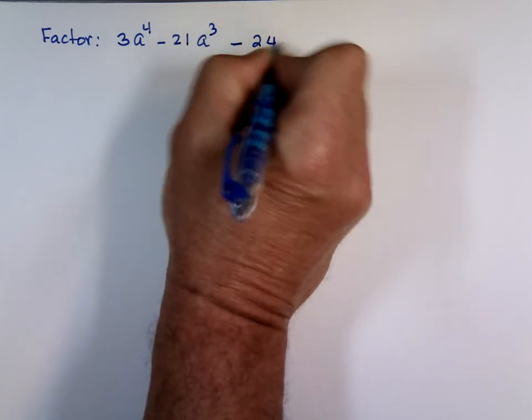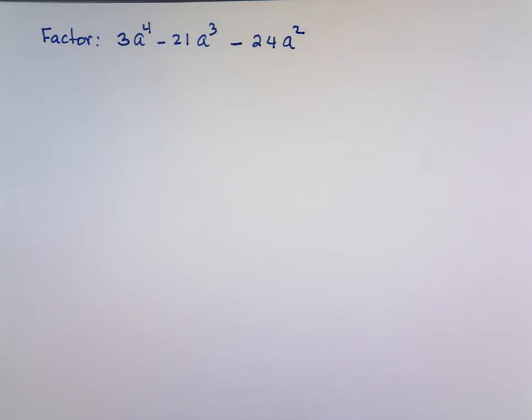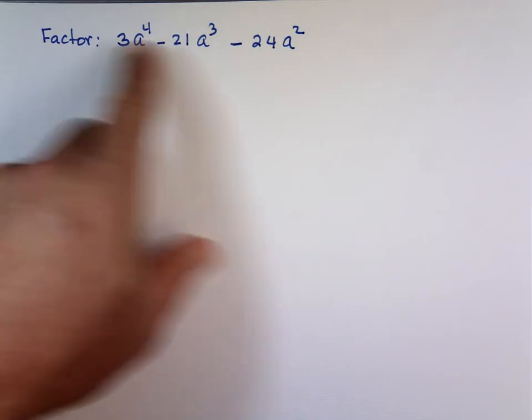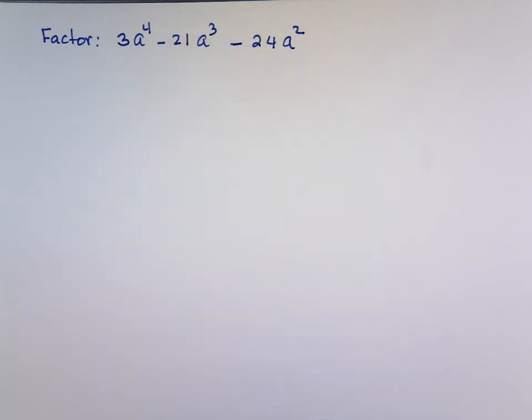We're going to look for the greatest common factor first. The 3, the 21, and the 24. All three of them are divisible by 3. So I can factor a 3 out.